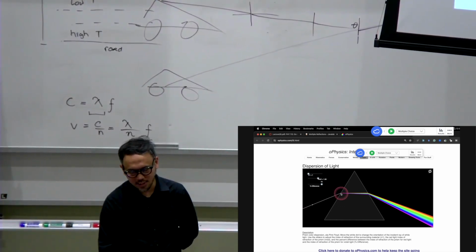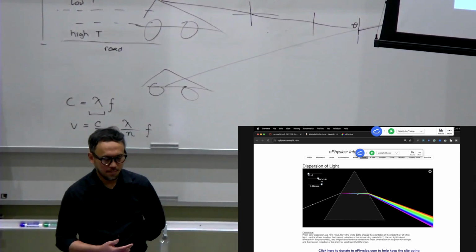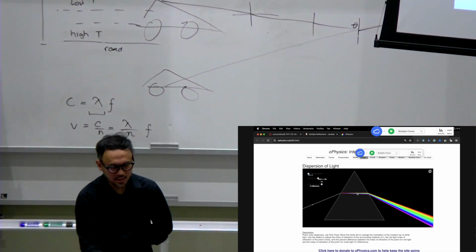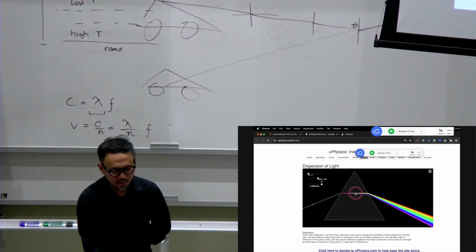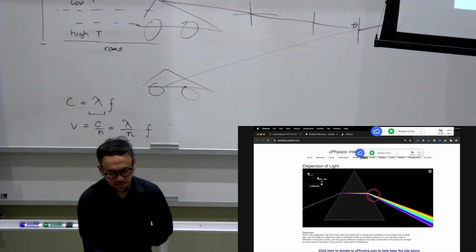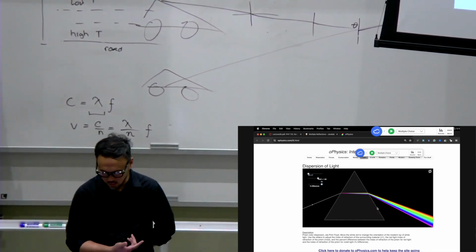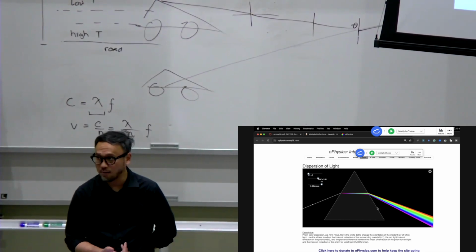Once it enters a material, they travel at different speeds, and light always follows the path that takes the least amount of time. So different colors choose different paths. And when there is a change of refractive index, different colors again choose different paths. And this is why Newton separated the different colors of white light.